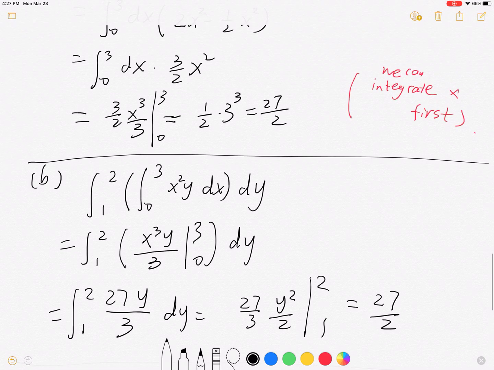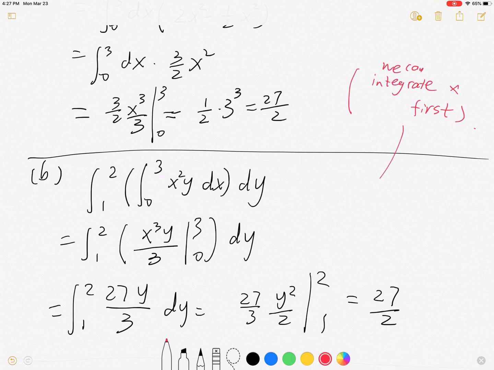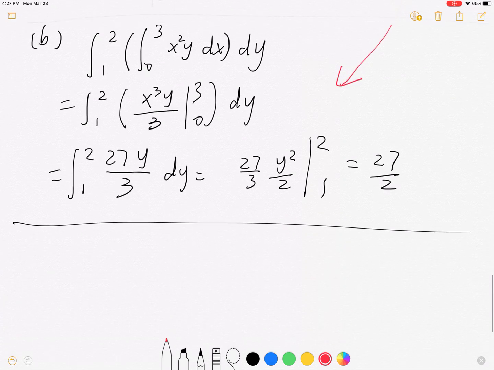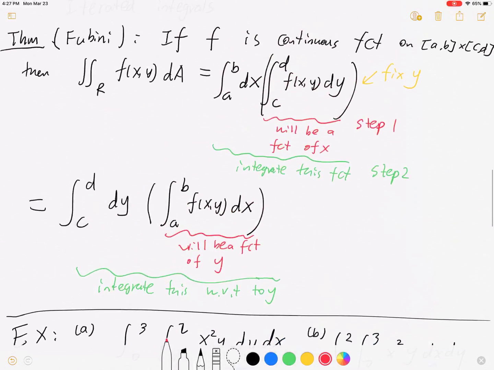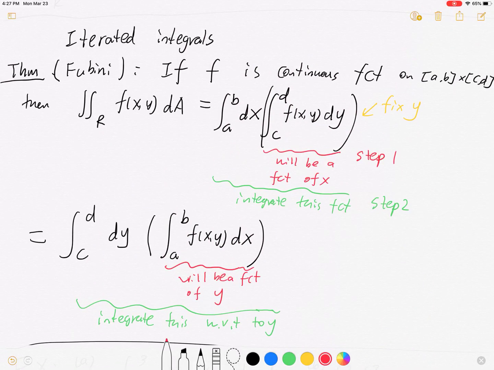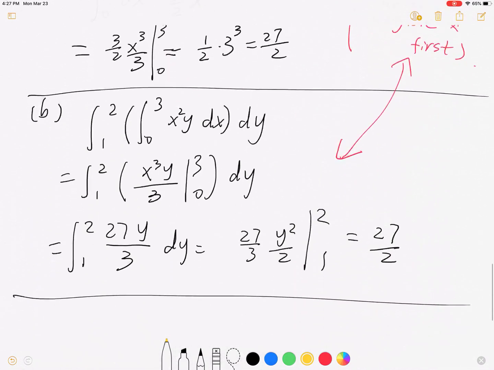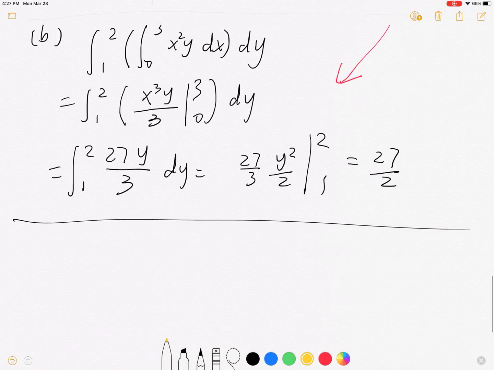Oh, sorry, actually this already is integrating x first. You change the order. And remark here, the theorem says the two methods should give you the same answer, which is the case here.